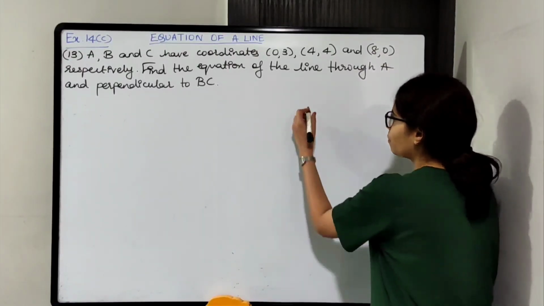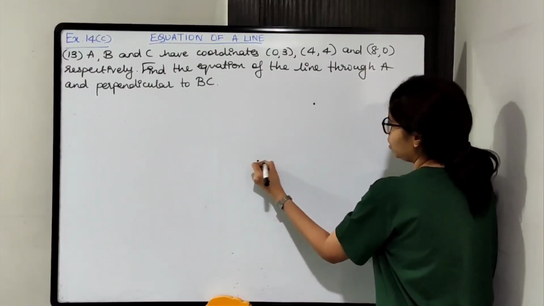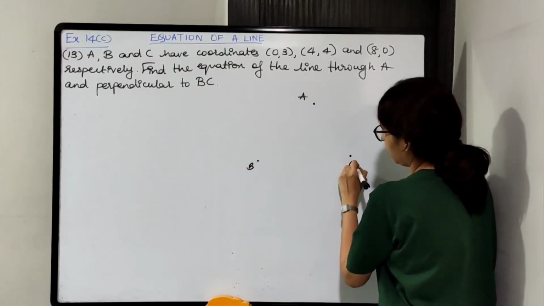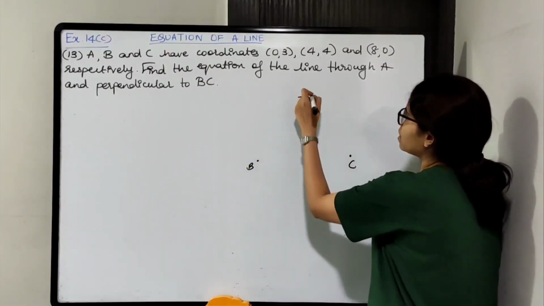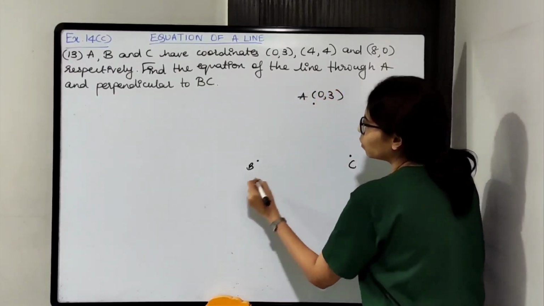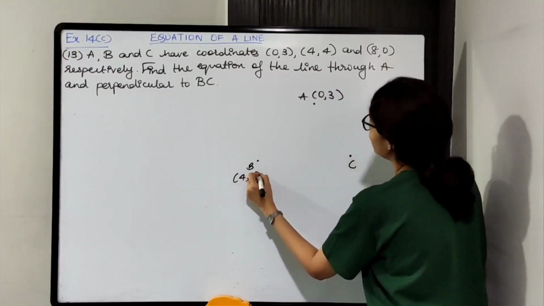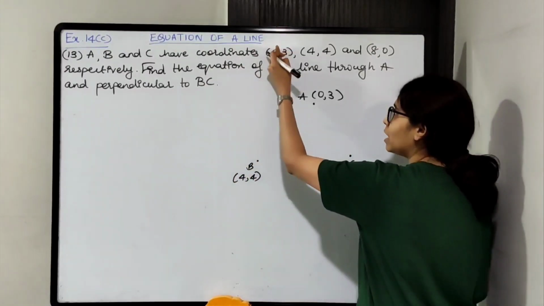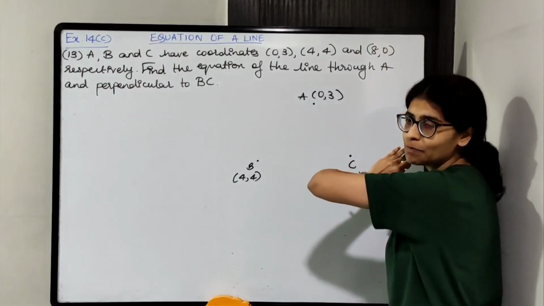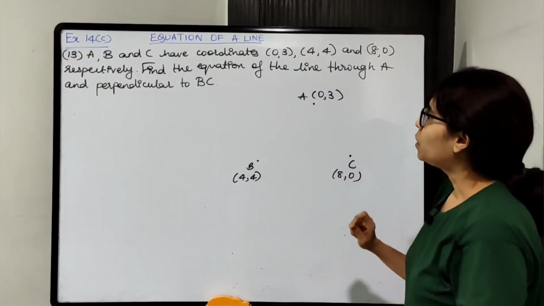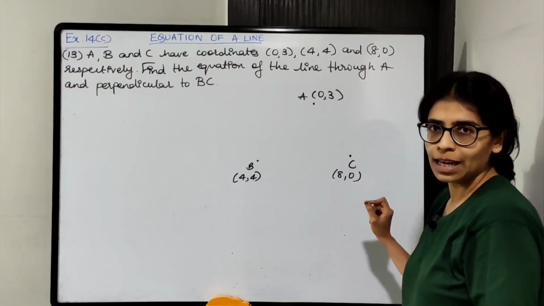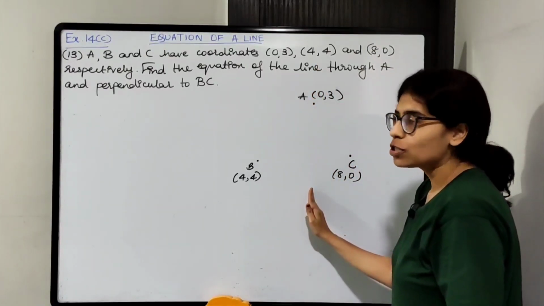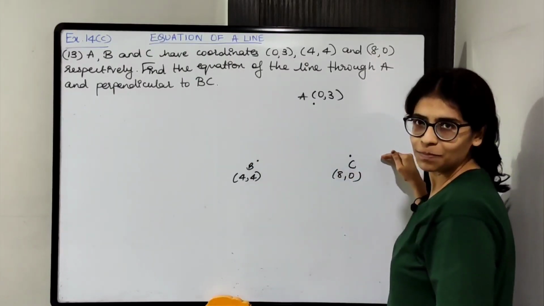Okay, so A, B, C, A ka coordinates 0, 3, B ka coordinates 4, 4 and C ka coordinates 8, 0. Go in correct order. A, B and C hai, so ye A ka coordinates, ye B ka and ye C ka. Okay. Find the equation of the line through A and perpendicular to BC. A se ek line pass ho raha hai which is perpendicular to BC.